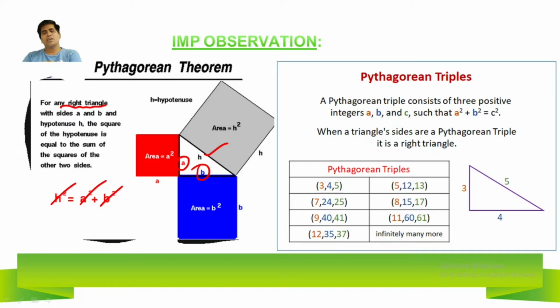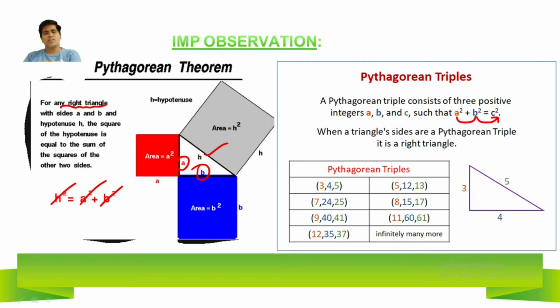Next, what is a Pythagoras triplet? A Pythagoras triplet consists of three positive integers a, b, c, such that a square plus b square is equal to c square. So if the sum of the squares of any two sides is the square of the third side, then that is called a Pythagoras triplet.